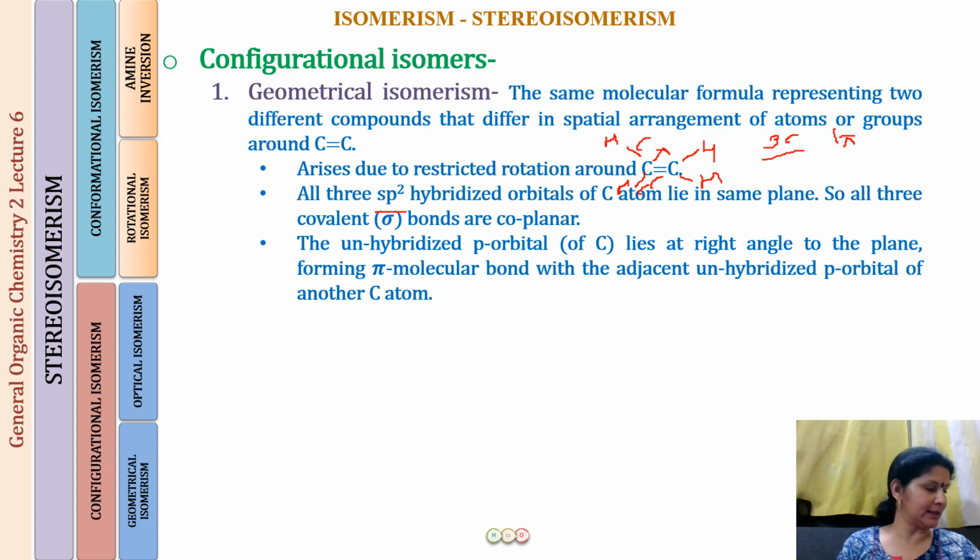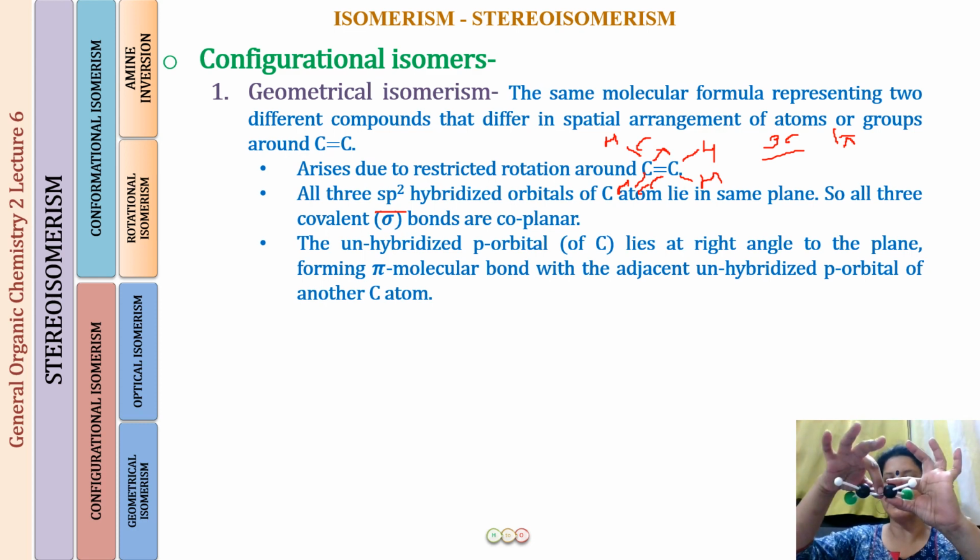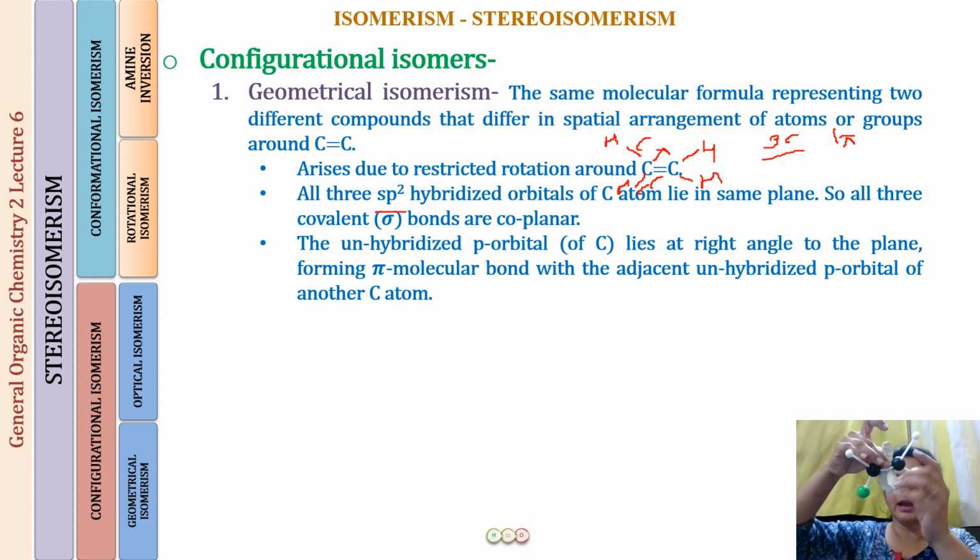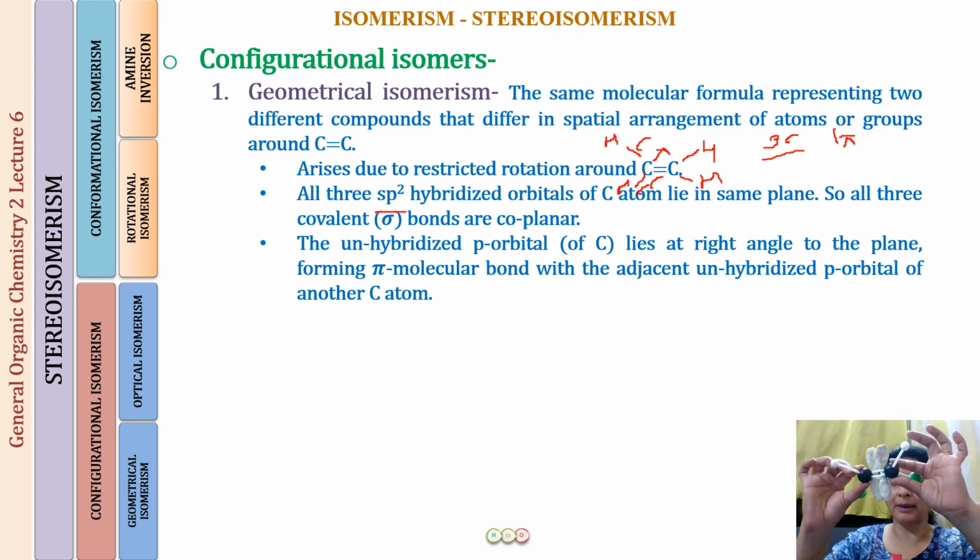Let us try making this also. Just imagine now this is my structure. Here I have one sigma bond. And the pi bond, how is it going to be formed? It is going to be formed when I have the unhybridized orbital. This I have made with clay. So these are the unhybridized orbitals of the two carbon atoms.